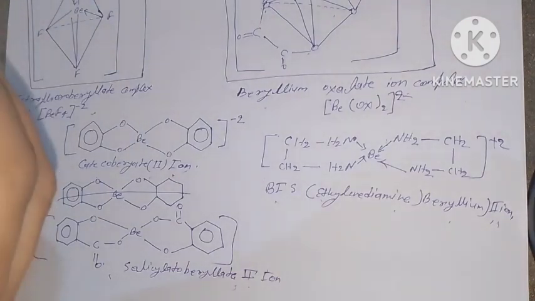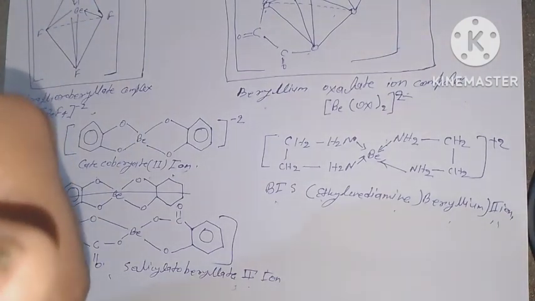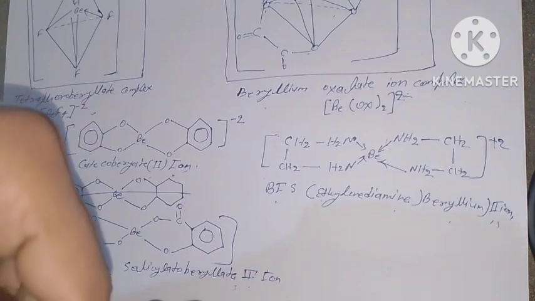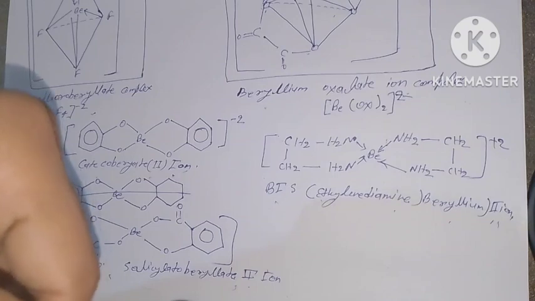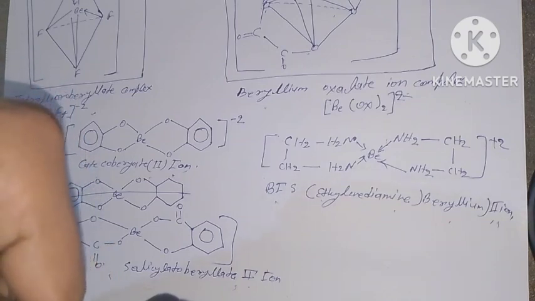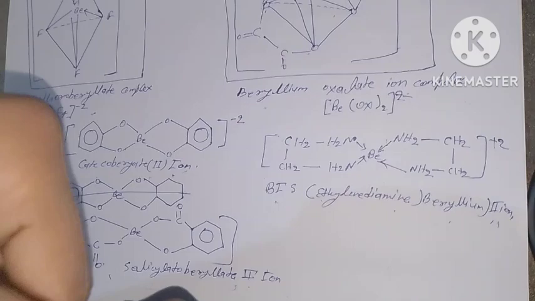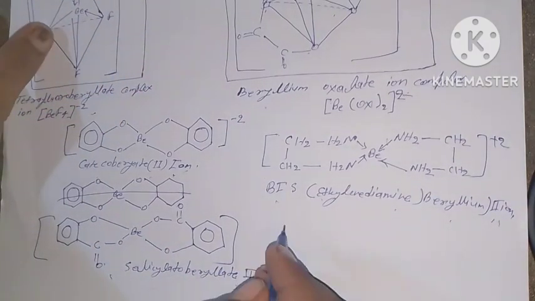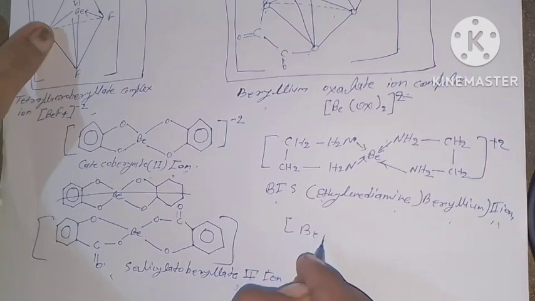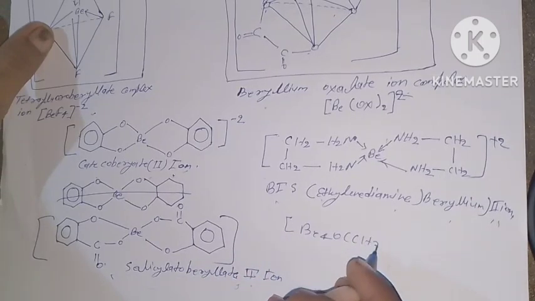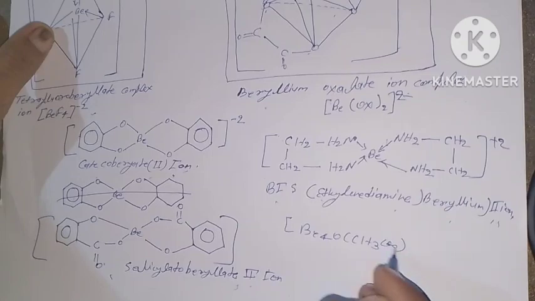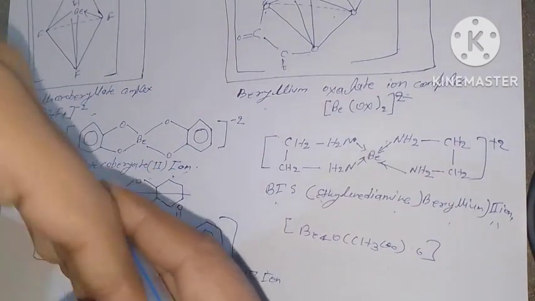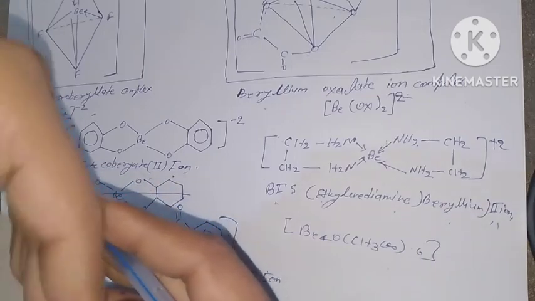In addition to this, beryllium also forms catecholberylate 2- ion, salicylatoberylate 2- ions, and basic beryllium acetate, Be4O(CH3COO)6, which is found when beryllium hydroxide is evaporated with acetic acid.